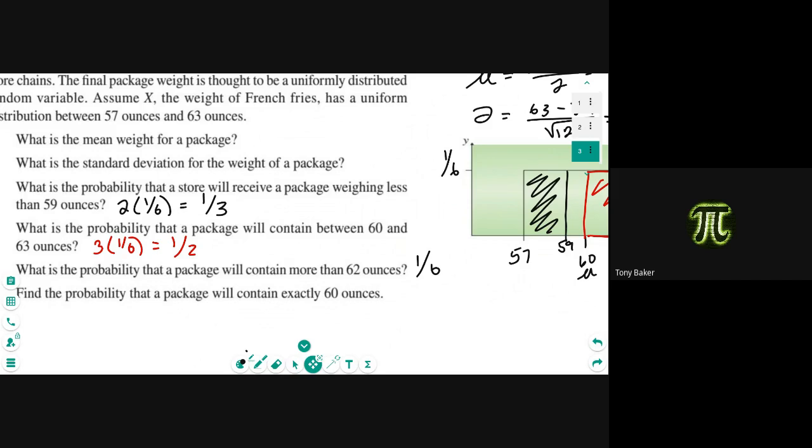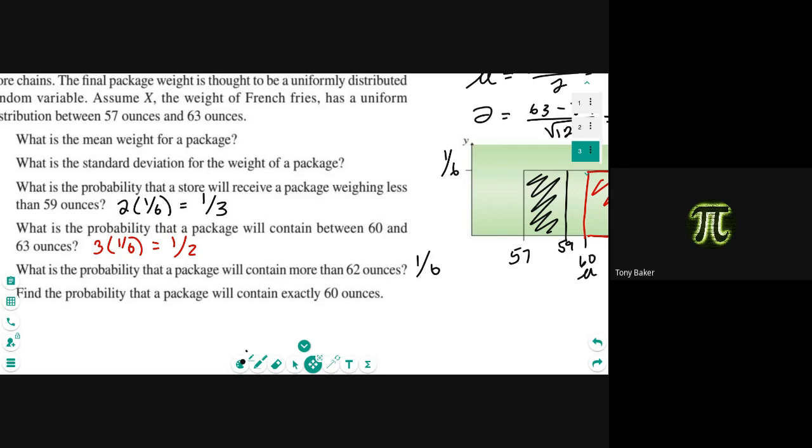What's the probability to contain exactly 60 ounces? Zero. How did we get the 1/6 on the last one? 62 to 63 is 1, right?